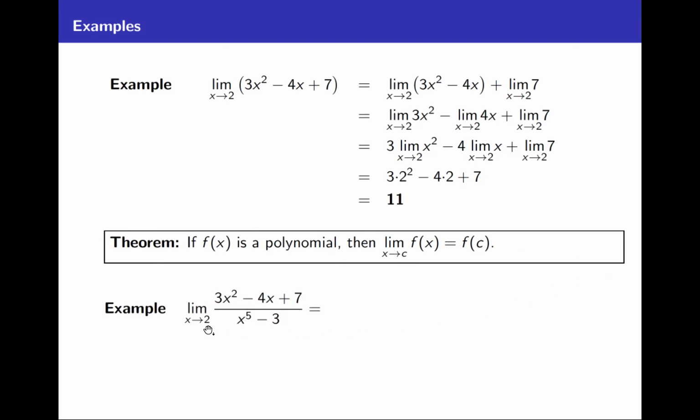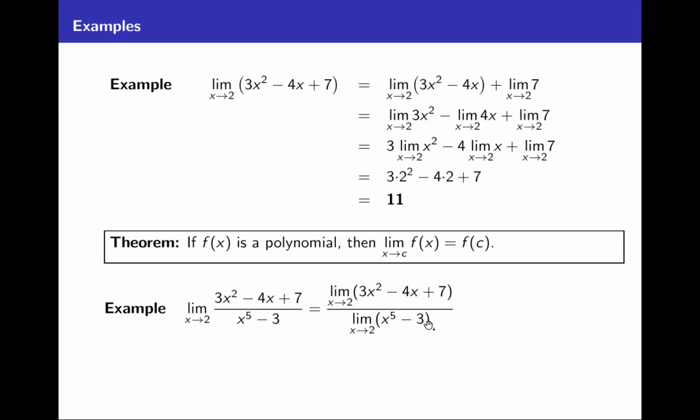For another example, think about the limit as x approaches 2 of 3x squared minus 4x plus 7 divided by x to the 5th minus 3. Here we can use our quotient limit law. This is the limit as x approaches 2 of 3x squared minus 4x plus 7 divided by the limit as x approaches 2 of x to the 5th minus 3.